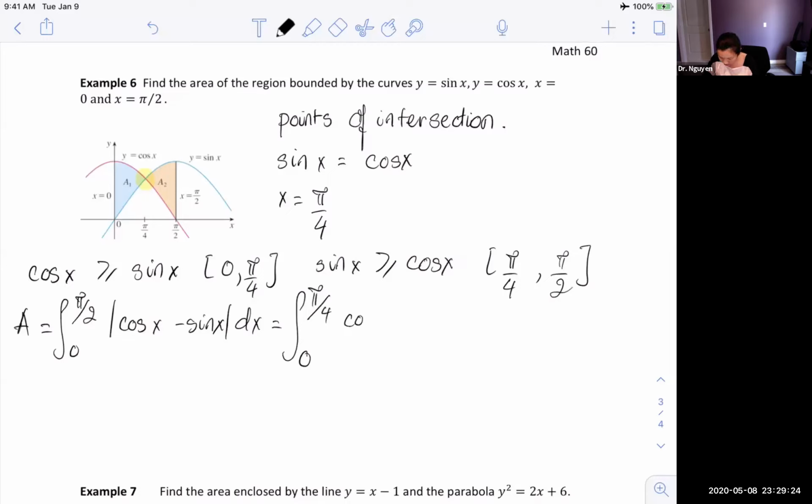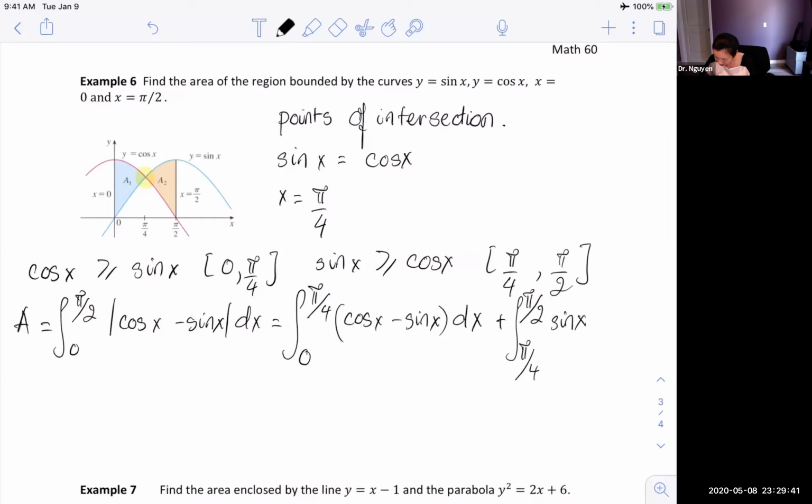So we have to take cosine of x minus sine of x dx. And then for the other one, pi over 4 to pi over 2, it's the opposite. We take sine of x minus cosine of x dx.